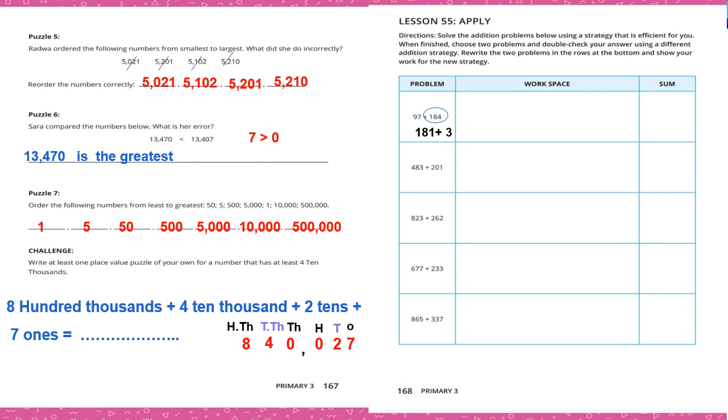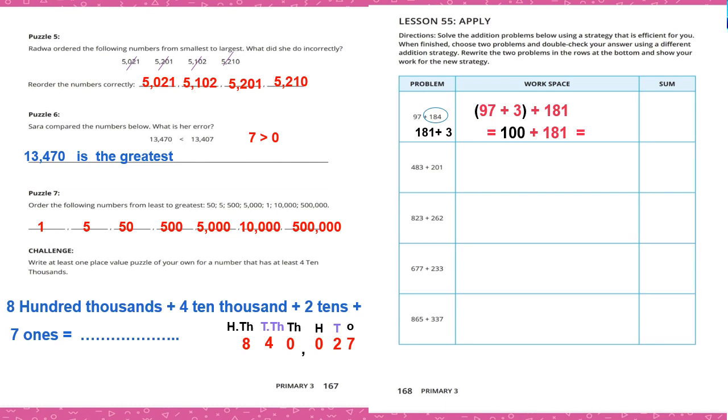Okay? So write 97 as it is plus 3 plus 181. When we have brackets, you should solve it first. 97 plus 3 equals, after 97, 98, 99, 100 and put 181 as it is.